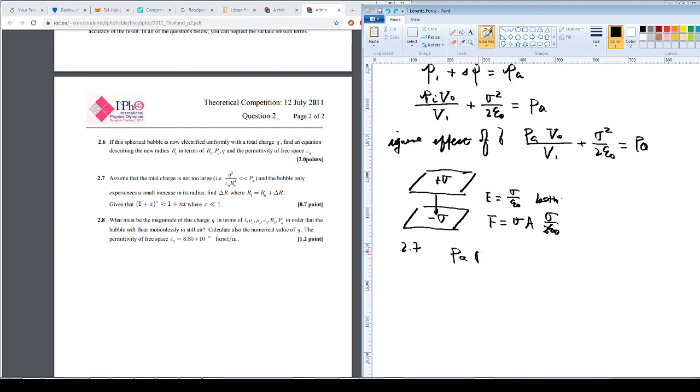So we'll just write R naught cubed over R1 cubed plus sigma, which is Q over 4 pi R1 squared, times 1 over 2 epsilon naught equals PA.